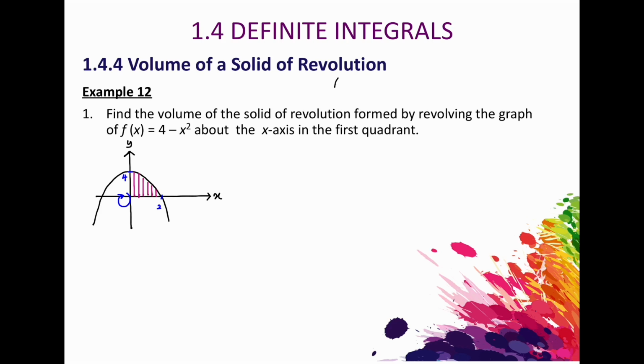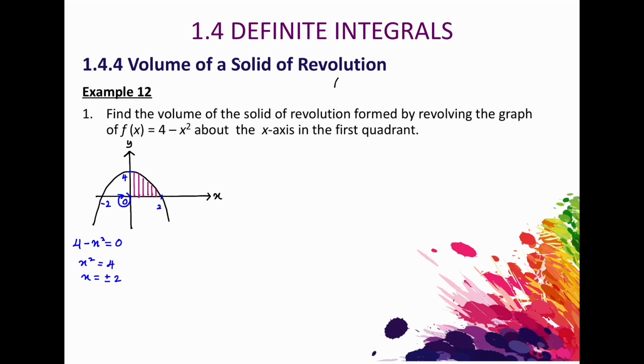So 4 minus x squared equals 0. So x squared is equal to 4, x is equal to plus minus 2. The negative 2 is on the left hand side. So now we have the boundaries, which is from 0 up to 2.